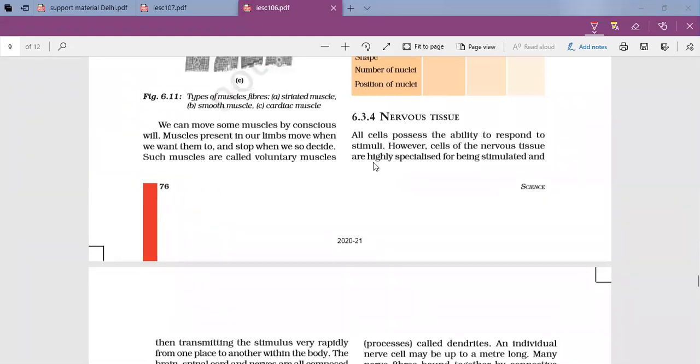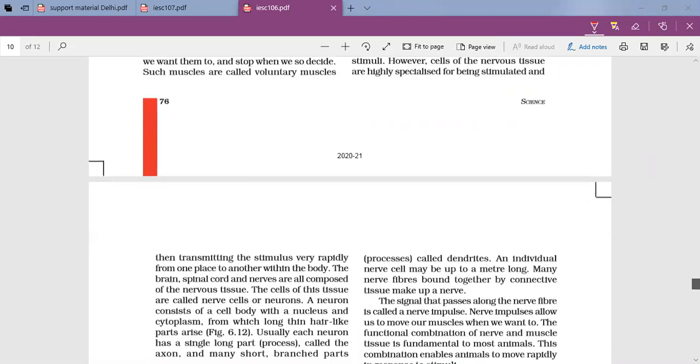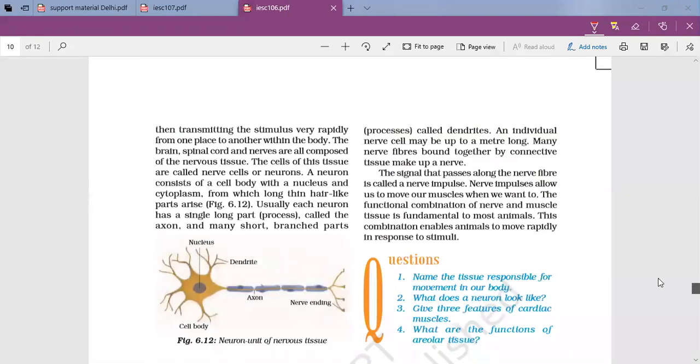However, cells of the nervous tissues are highly specialized for being stimulated and then transmitting the stimulus. Stimulus means any change in the external body. The brain, spinal cord, and nerves are all composed of nervous tissues, nervous system actually. The cells of this tissue are called nerve cells or neurons.